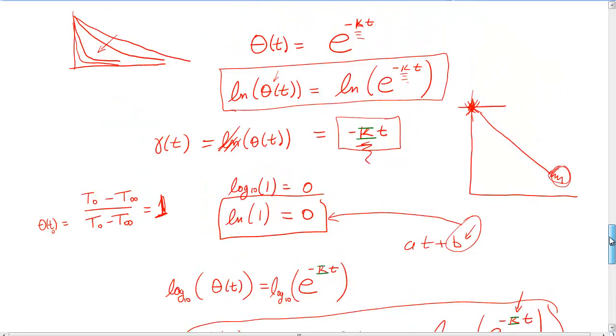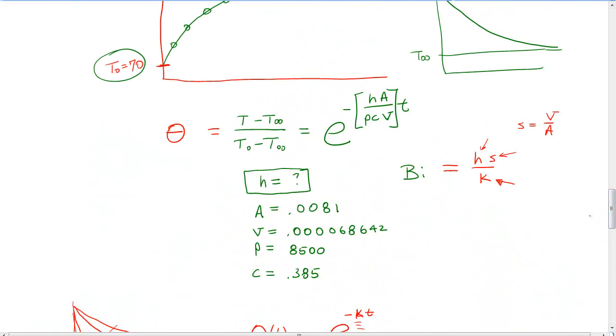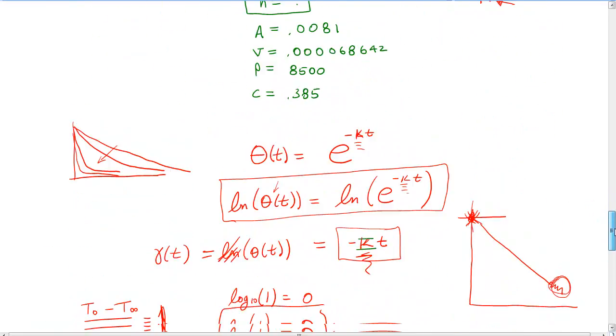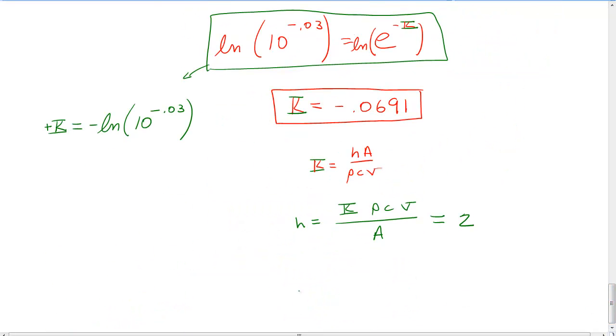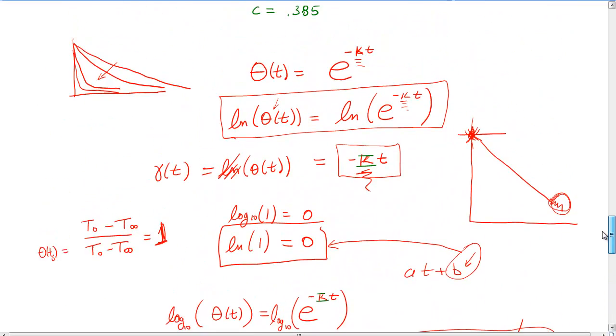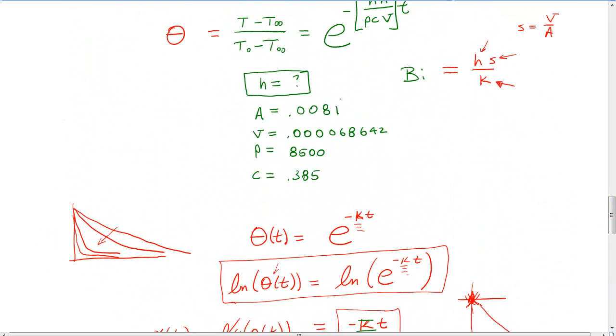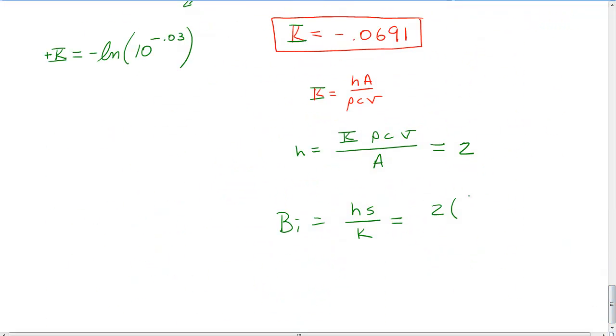Now, did we satisfy things? hS over K. So our Biot number is equal to hS over K. h was 2. S, in this particular case, we'll figure out from the volume divided by area, and then the K is the K for brass.